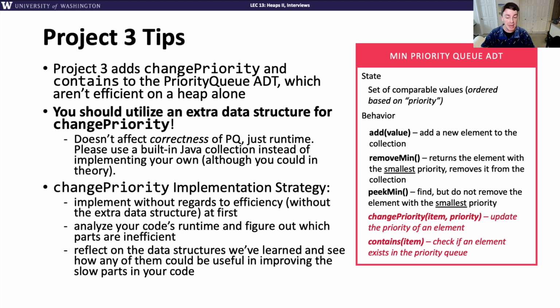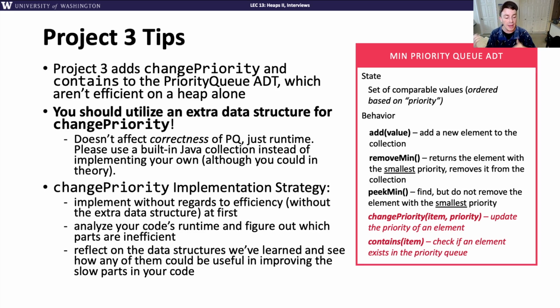So what we recommend when you get to the change priority part is that first you just implement it, don't worry about efficiency. You have your array implementation, just go through it, figure out how you're going to do that, and then see that you might run into efficiency problems. Then figure out when it comes to change priority, what part is actually slow, and figure out, well, is there another data structure I can use that can help me solve this problem?